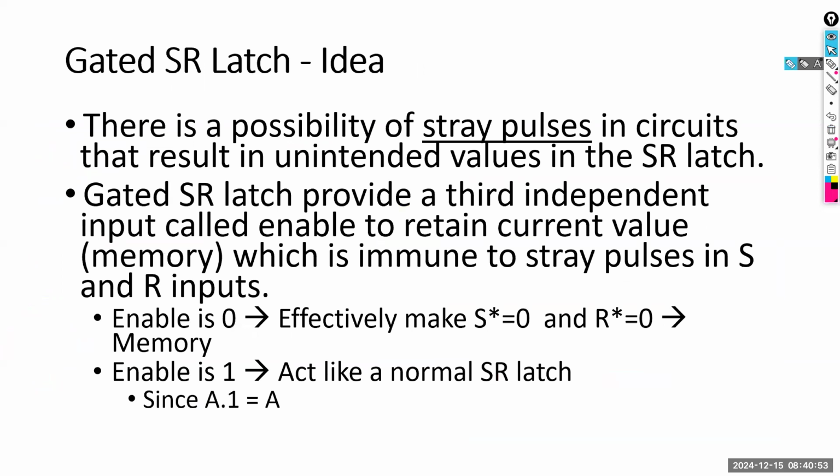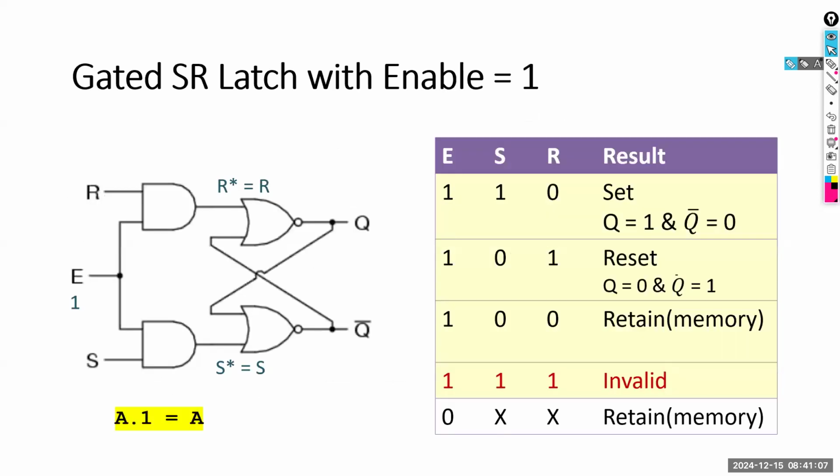Okay. So the idea is to get an additional guard against stray pulses for the S and R signals, because enable can do that. Whether it's memory or not is now determined by enable being 0. Because A dot 1 is A, when enable is 1, it behaves pretty much like the old way: R star is R, S star is S. But when enable is 0, both become zeros.